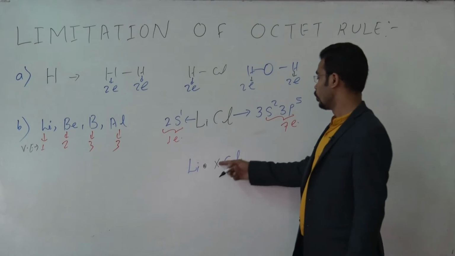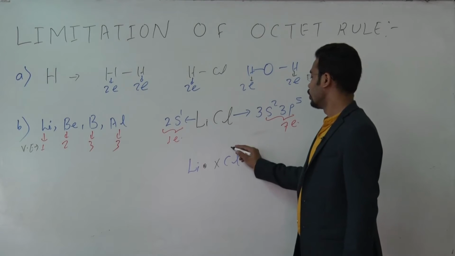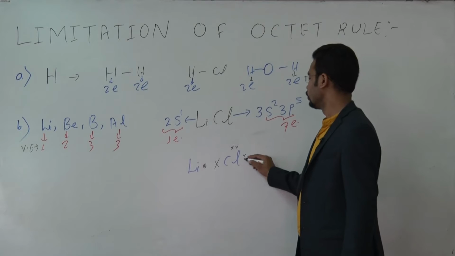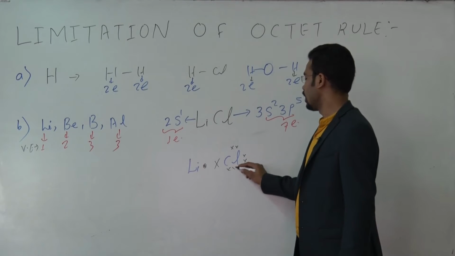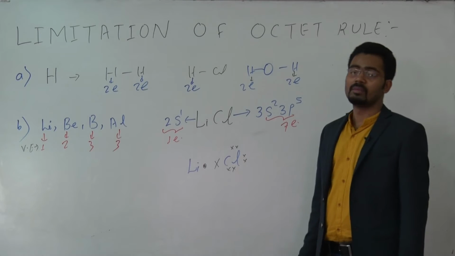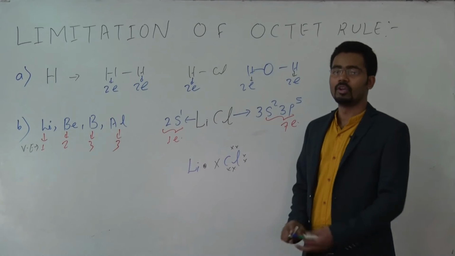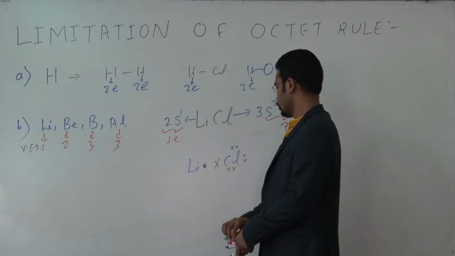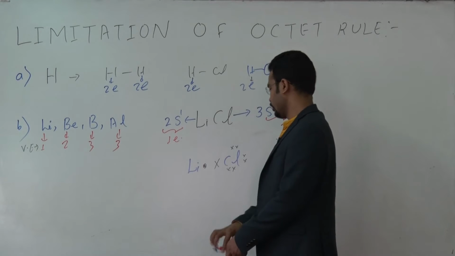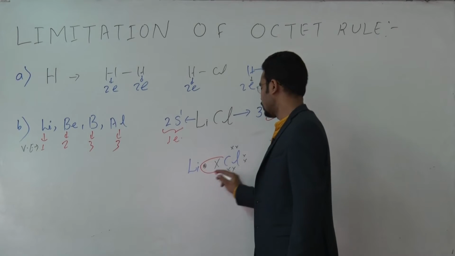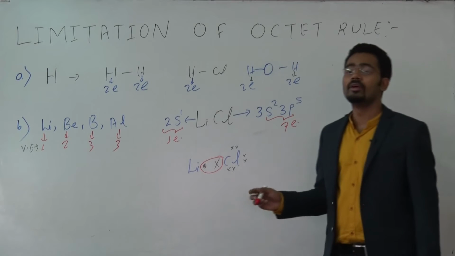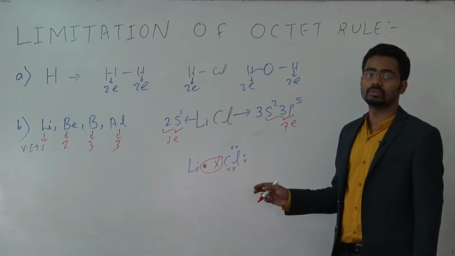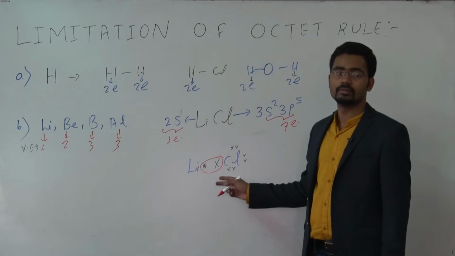You know that chlorine has 7 valence electrons, so the remaining electrons will remain on the chlorine atom as lone pairs. So how many electrons are shared? Sharing occurs for only 2 electrons.